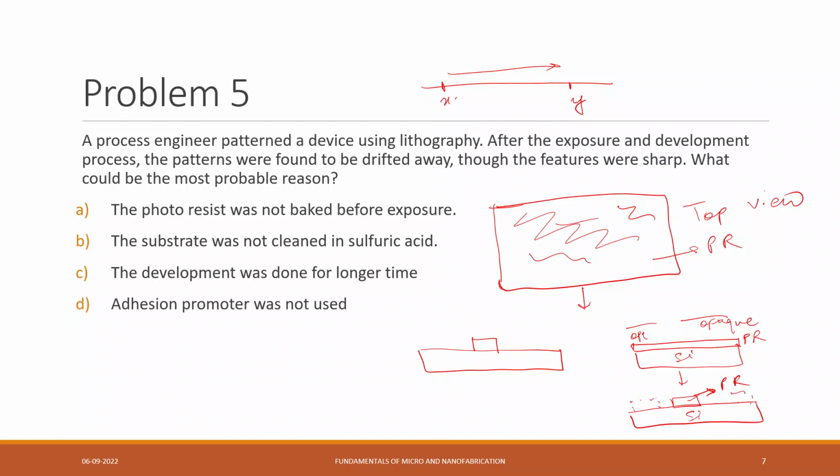It mostly drifts away. So we have to understand that these photoresists are hydrophobic in nature, but our silicon, after we have treated and cleaned it, will have OH groups on the substrate.